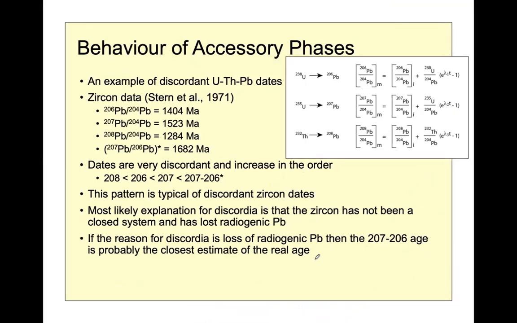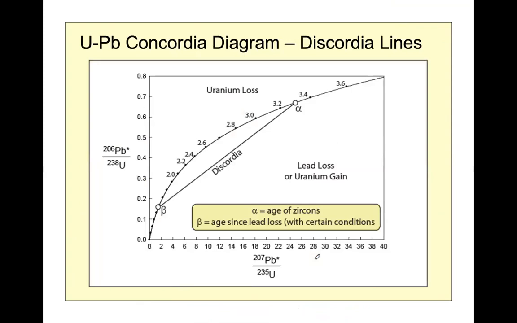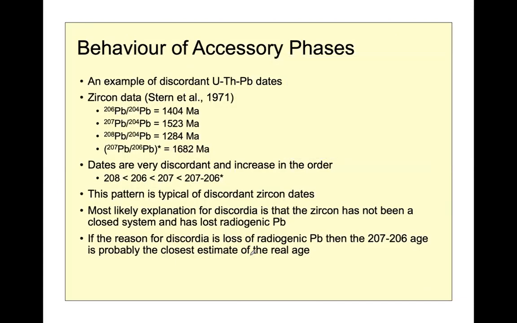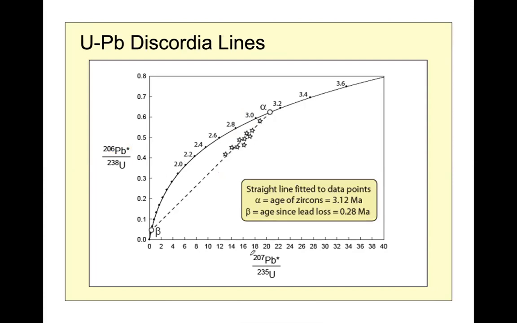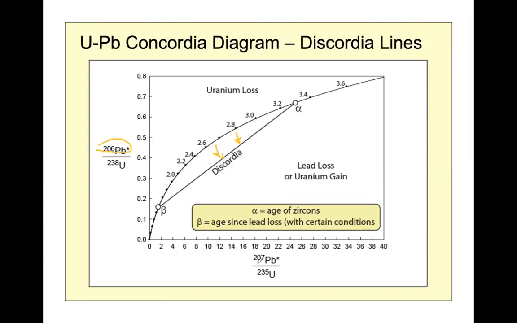And on this Concordia and Discordia diagram, you can see this Discordia line normally happens due to lead loss. Okay, normally due to lead loss this happens, because lead loss means some component is lost from here as well as here. Right, so some amount of lead is lost, right?